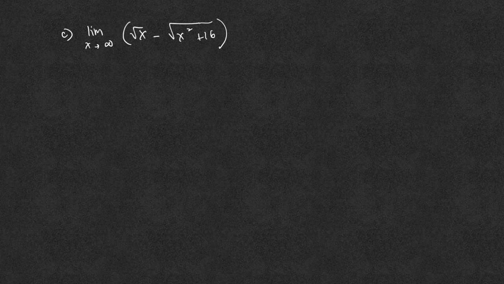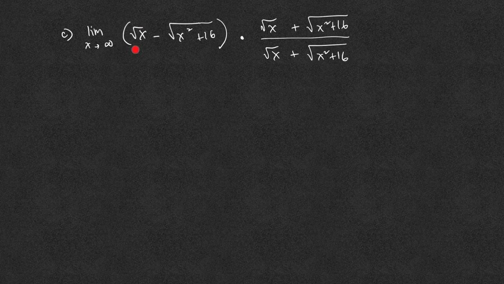To do that, we multiply by the conjugate, which is the well-chosen one: the square root of x plus the square root of (x squared plus 16) over the square root of x plus the square root of (x squared plus 16). This is a binomial because there are two terms joined by the negative sign. So the conjugate is the two exact terms joined by the plus sign.